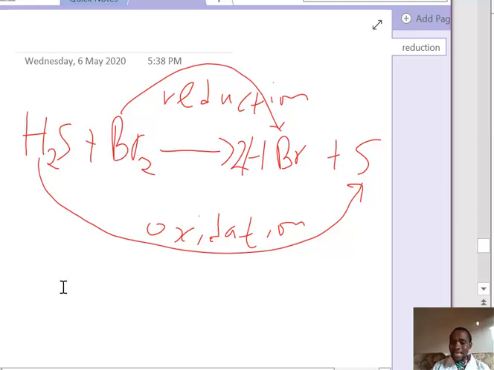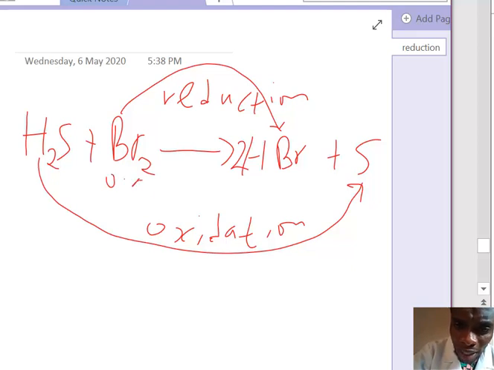Now when you look at it here, the substance which accepts the hydrogen is the oxidizing agent, meaning bromine here, which accepts hydrogen, is the oxidizing agent, while H2S, which gives out the hydrogen, is the reducing agent.